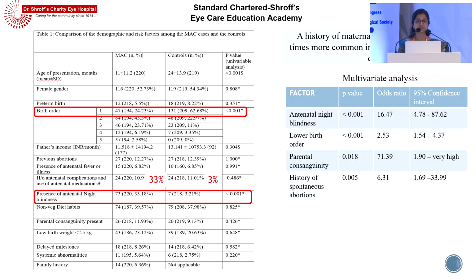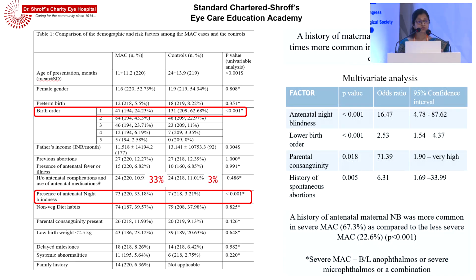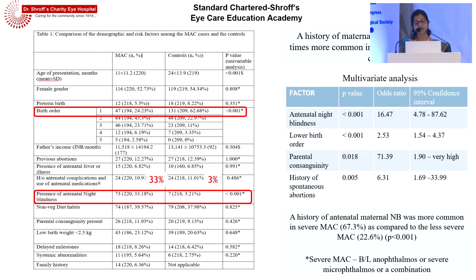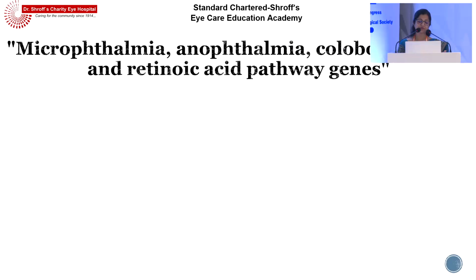All of these factors point towards poor nutrition in the mothers. We also correlated the severity of MAC with maternal night blindness, and we found that in severe MAC, which was defined as bilateral anophthalmos or bilateral severe microphthalmos, night blindness was much more common as compared to non-severe MAC.